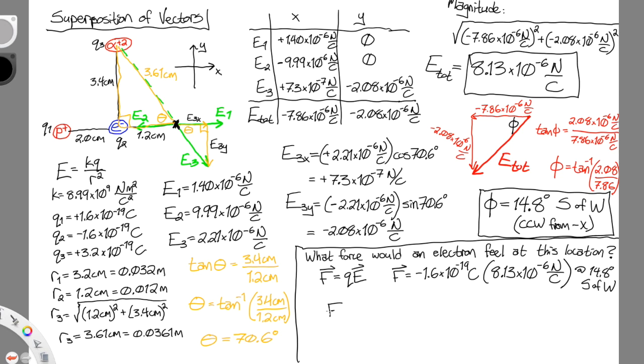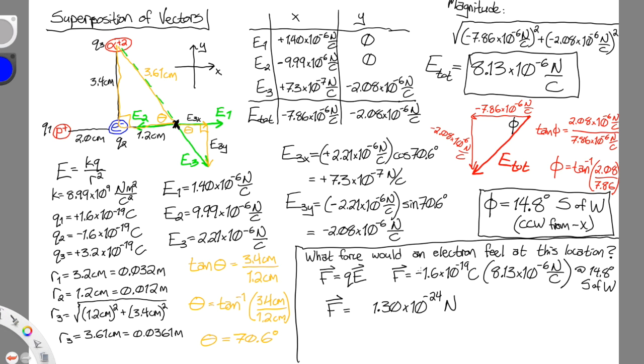So when we multiply just the magnitudes together, just those numbers, we get 1.30 times 10 to the negative 24th newtons per coulomb times coulomb gives us newtons. Or we could just say we've been working in SI units this whole time, so it better come out in an SI unit.